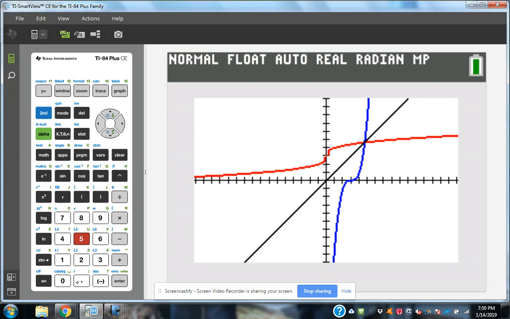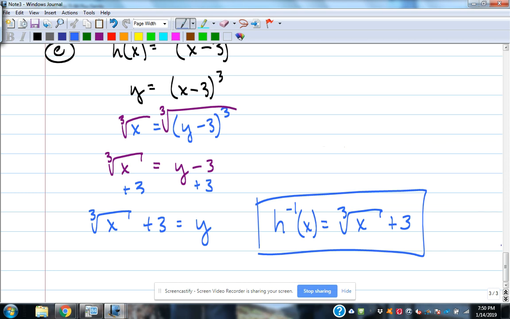What I did was hit zoom 5 to square the window so the resolution is the same in both directions. Now it looks even closer to folding along this diagonal. They would match up. Inverses do that. They reflect across the y equals x line. So that might be something you want to write down. That inverses reflect across the y equals x line.